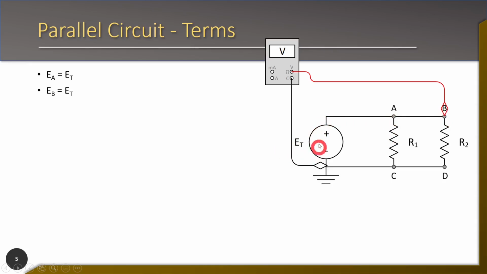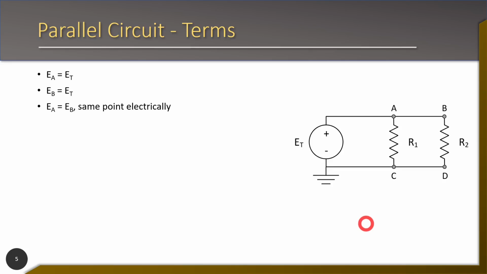So I'm going to be measuring across that power source, and whatever that power source equals is going to be what that measurement is at point B. Okay, so since point A and point B are both equal to our total voltage in this circuit, we say that they're the same point electrically.